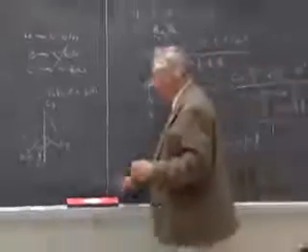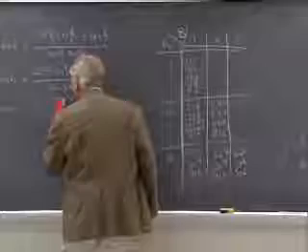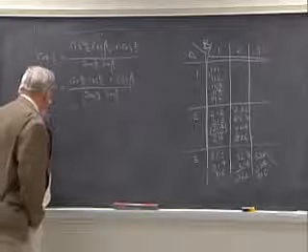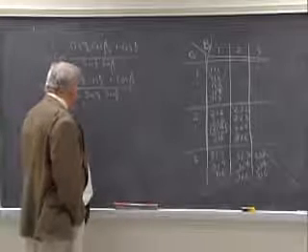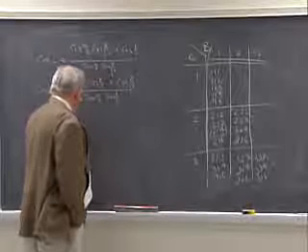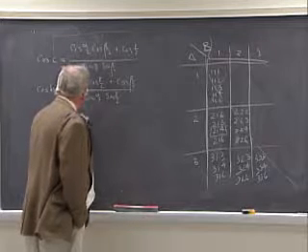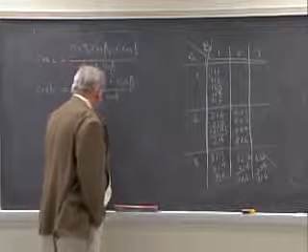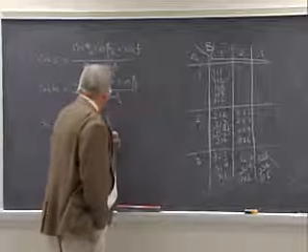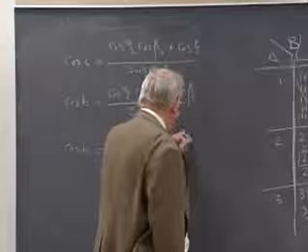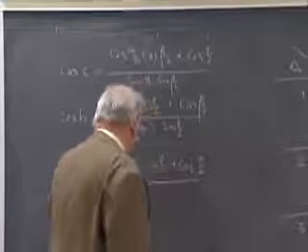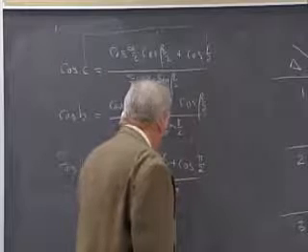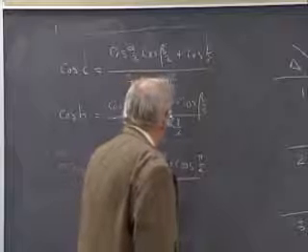Let me start over here at the left again, because I've got the relation that I need for B sitting here. The cosine of B is equal to the cosine of alpha over 2, and that is the cosine of pi over 2, since alpha is a 90-degree rotation, plus the cosine of gamma over 2, whatever gamma happens to be, times the cosine of beta over 2, and that's the cosine of pi over 2. And this is all over the sine of pi over 2 times the sine of gamma over 2.